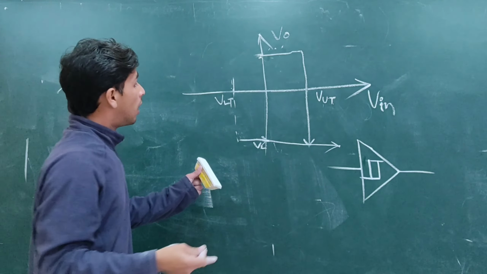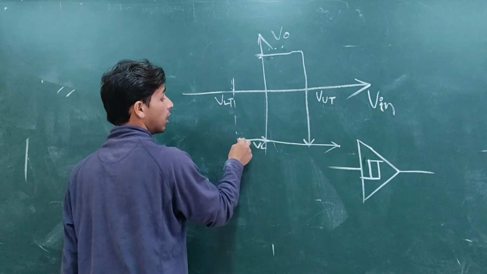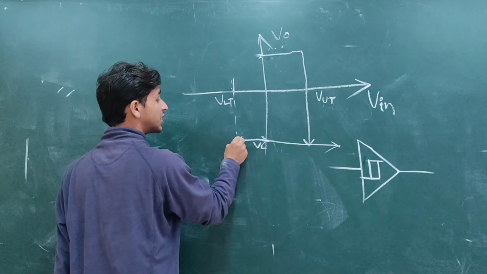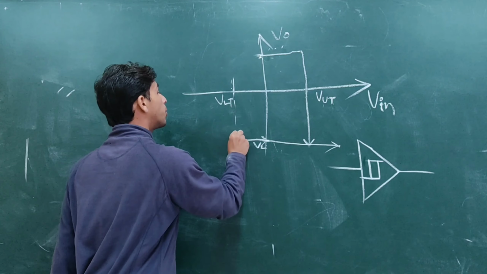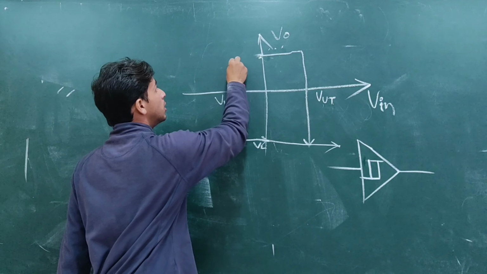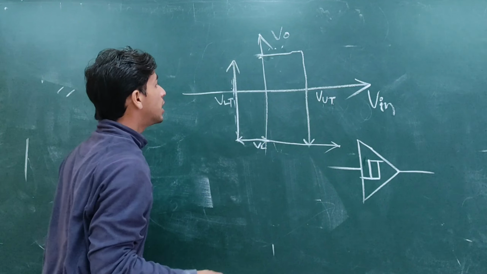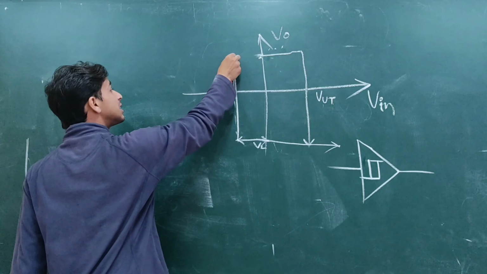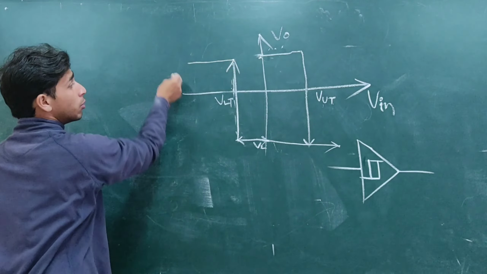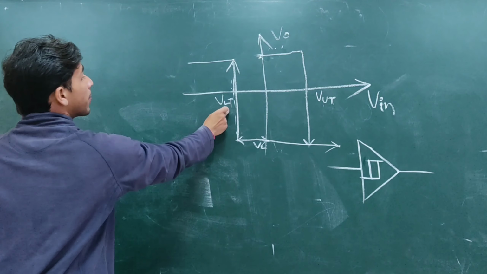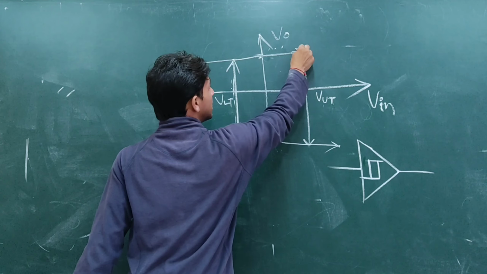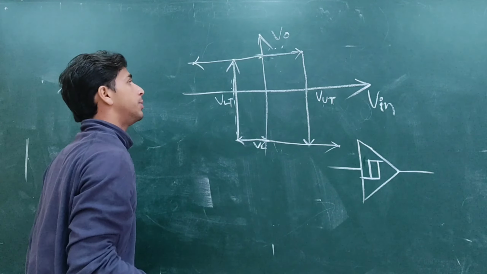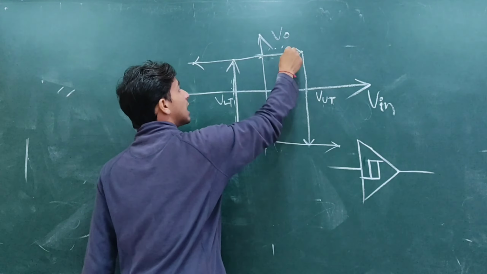This is for the inverting Schmitt trigger circuit. Once it reaches the lower threshold voltage, the output will become high. So this is the high voltage, and if you increase the input voltage up to the upper threshold voltage, it will remain high.